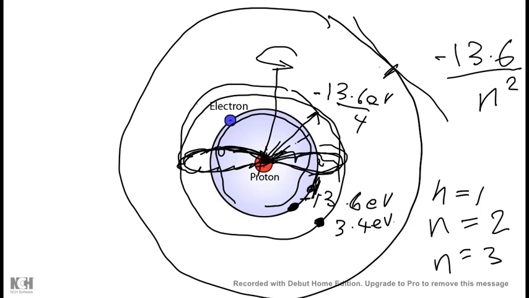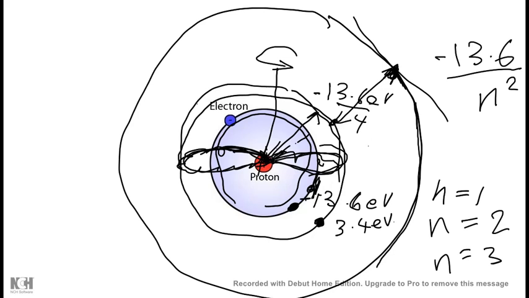Now we are actually just 3.4 electron volts away from reaching this outer limit. That's what we need to see this as: only 3.4 electron volts away from reaching this outer limit.